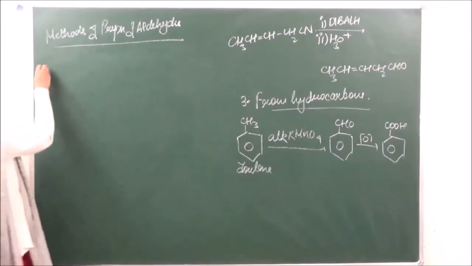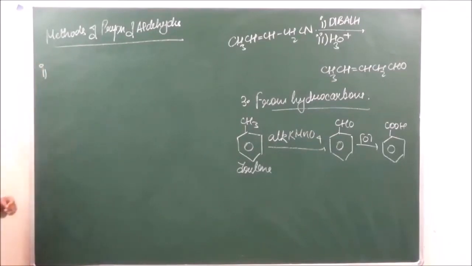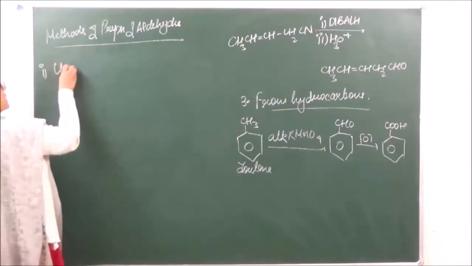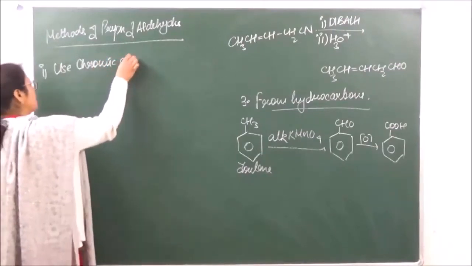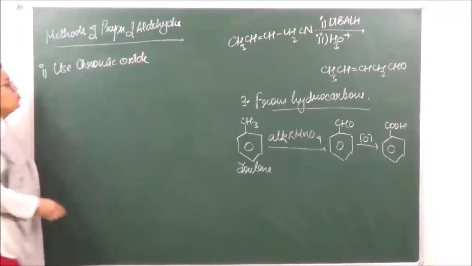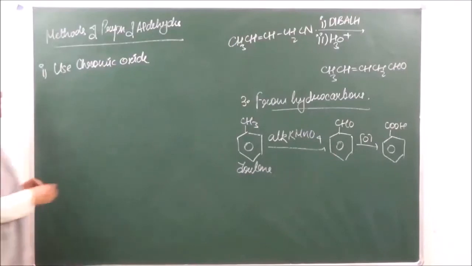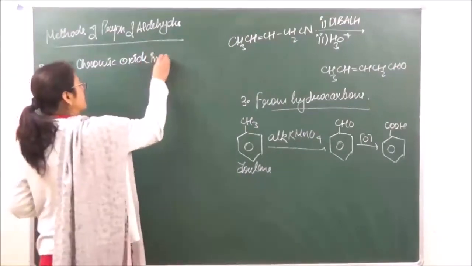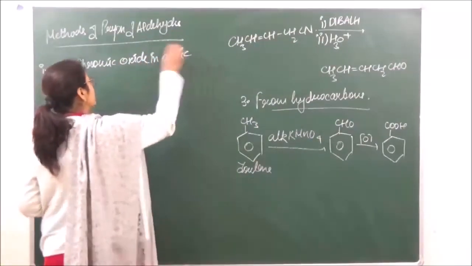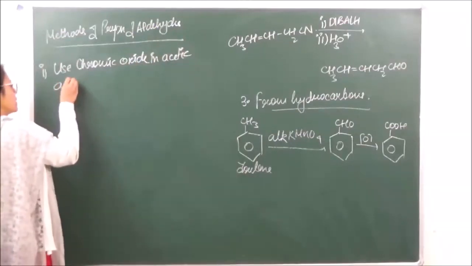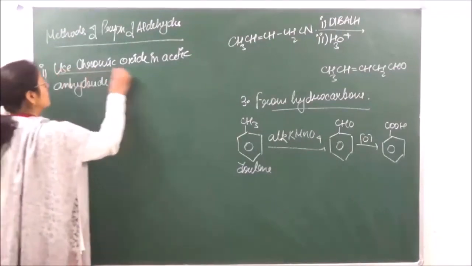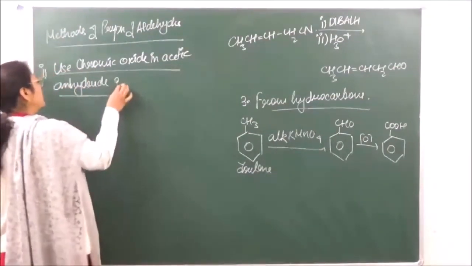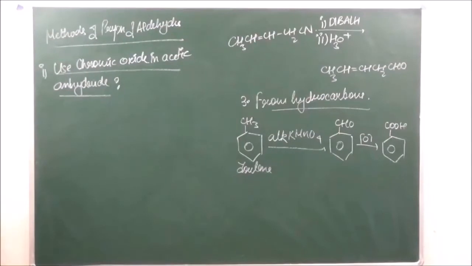The first method which we can apply is that we can use chromic oxide in acetic anhydride. This is the reagent which we can use.